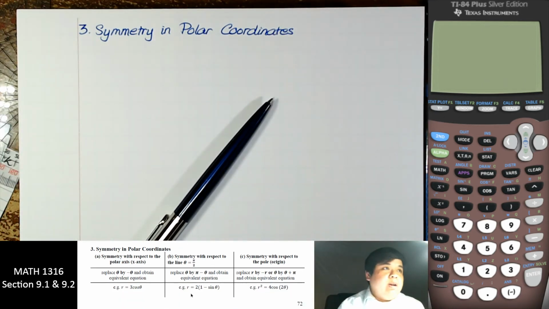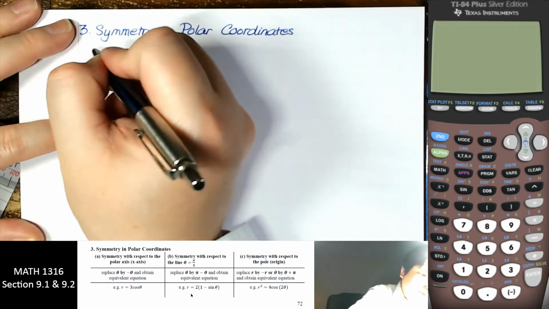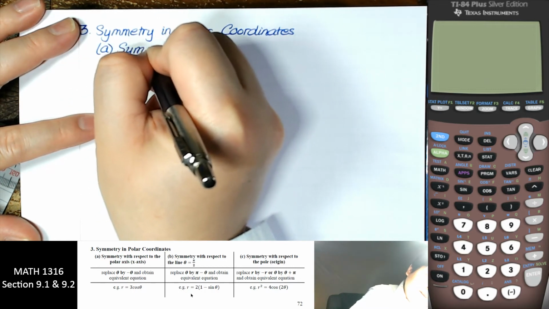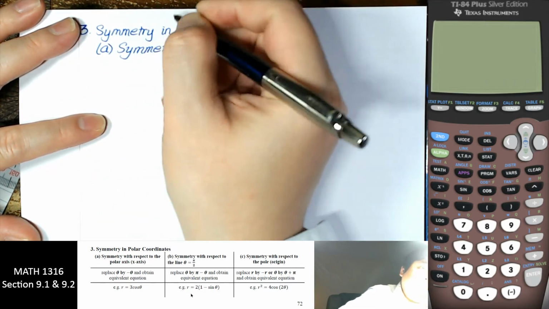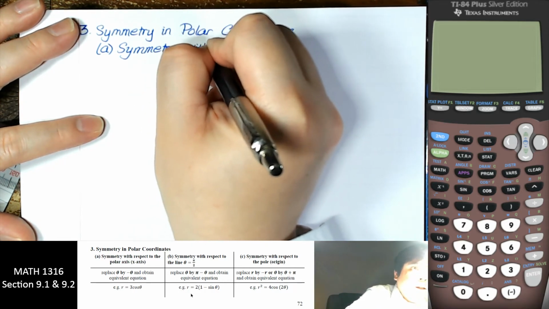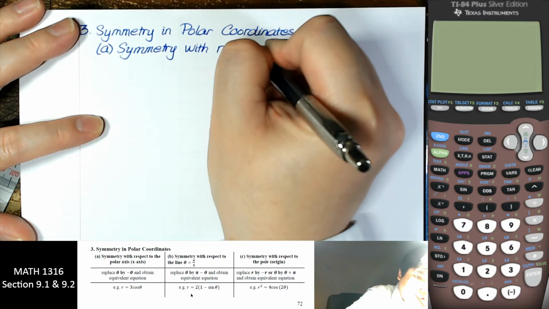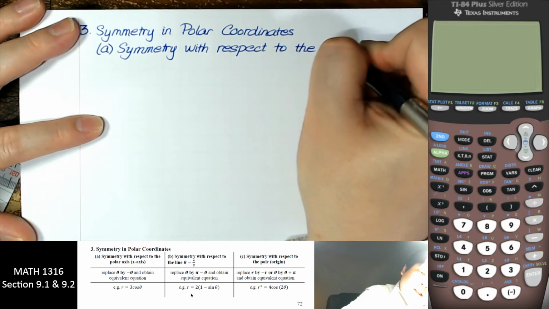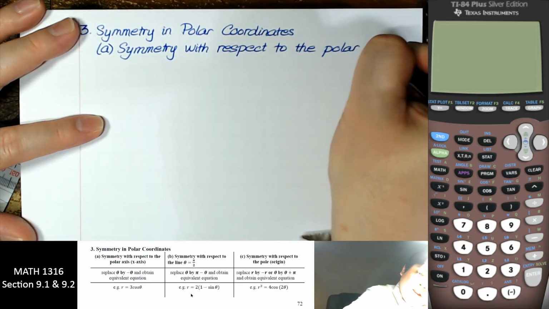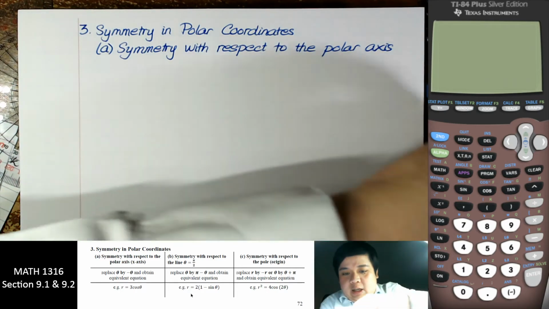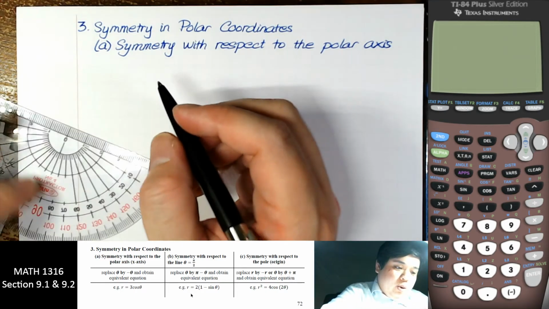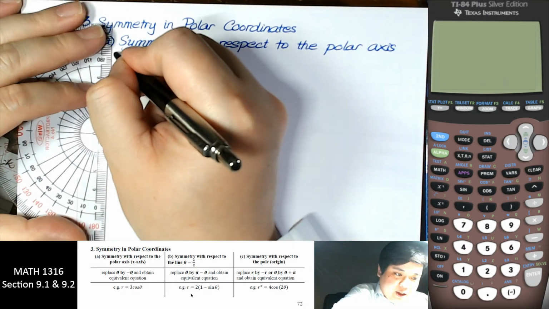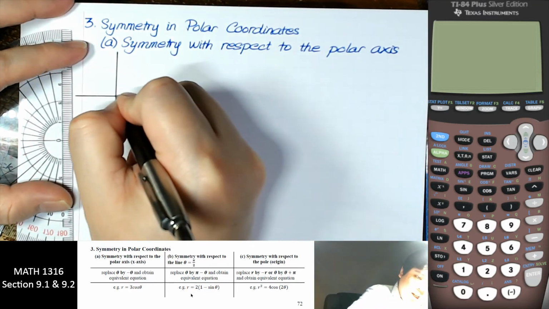Let's look at which one. There will be three types of symmetry. First, symmetry with respect to the polar axis. Let's just try to sketch this real quick. We have the polar axis, this one.